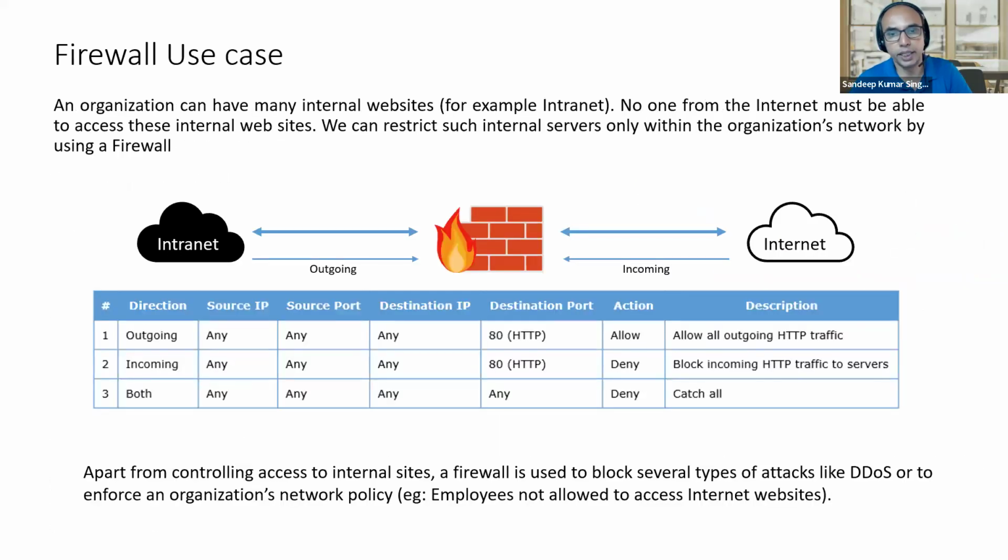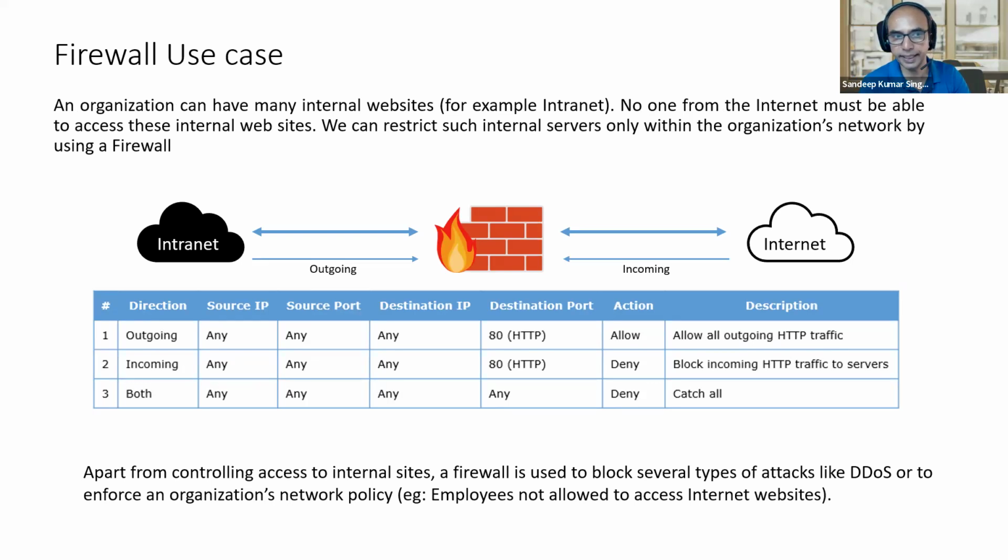Now, here is a use case of a firewall. As you can see that there is an intranet. Let's assume that you're working for an organization called XYZ Corp, right? This is the intranet of XYZ Corp, which is not exposed to the public. It is meant for internal employees, right? And then you have the internet, right?